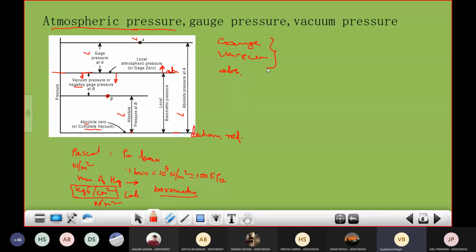And I want you to write the relation between these three. Write down the relation on your own. How will you represent the relation between absolute pressure and gauge pressure? Can you write on your own?